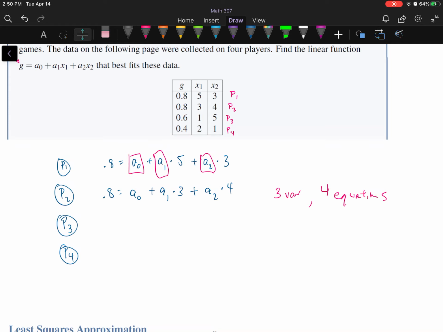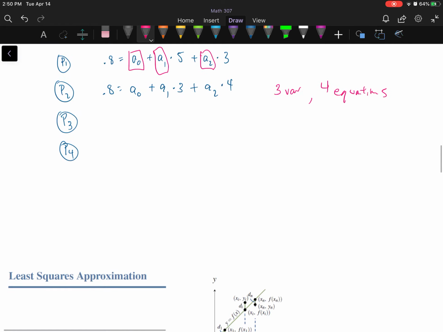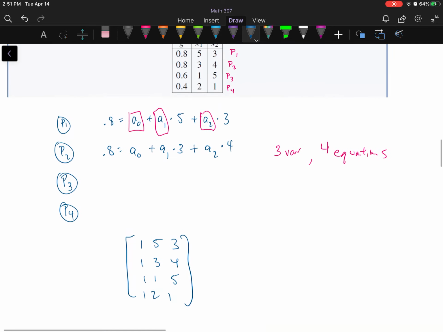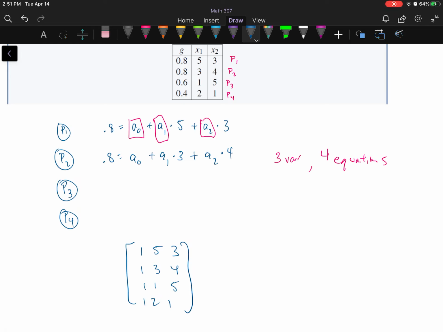And as a matrix equation, again, you'd have a matrix that is taller than it is wide. The matrix equation would look like 1, 5, 3, 1, 3, 4, 1, 1, 5, and 1, 2, 1, based on the data that we have here.